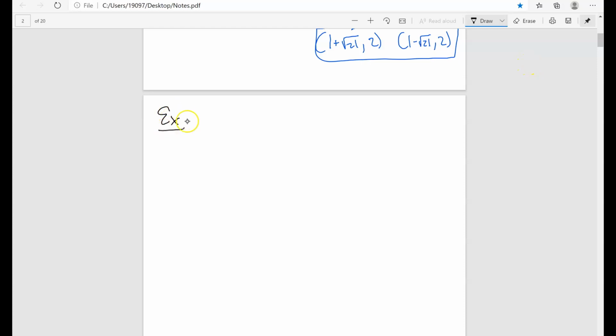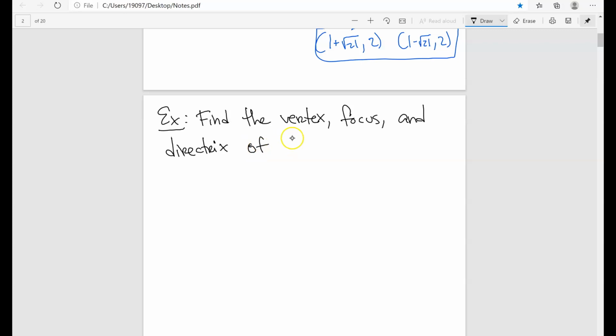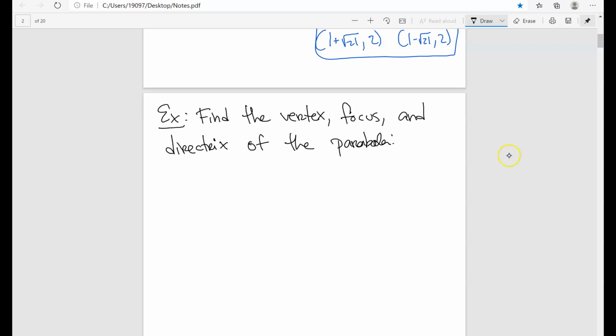So let's say we want to find the vertex, focus, and directrix of the parabola. Okay, so here is going to be my equation.